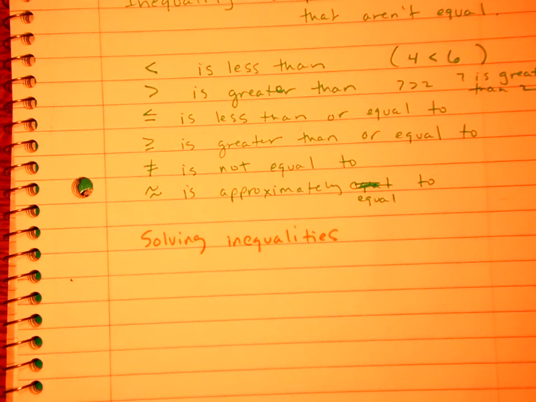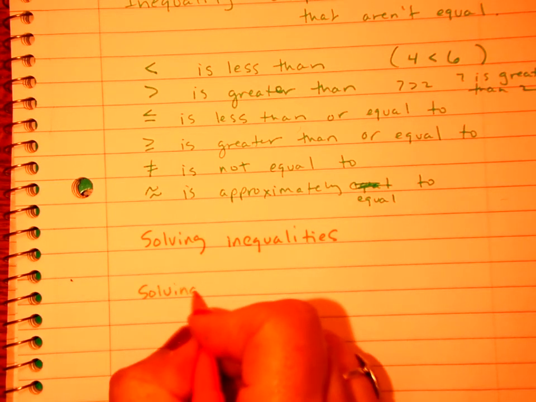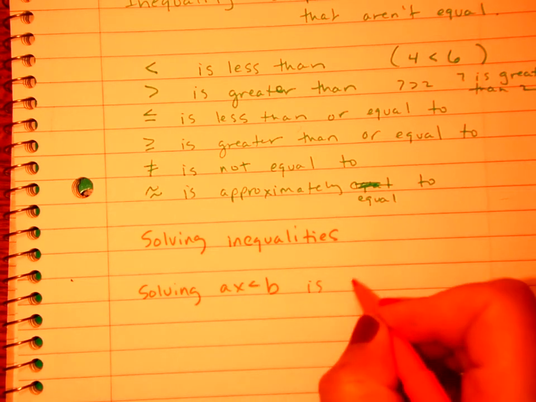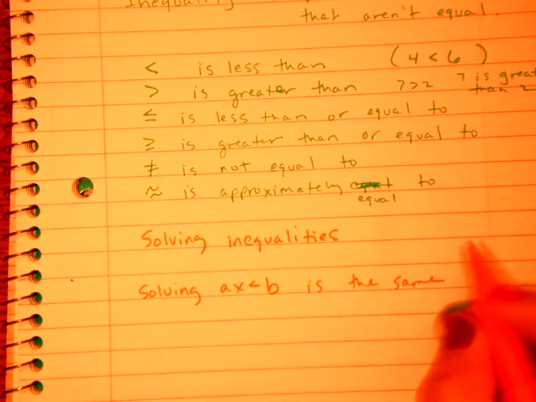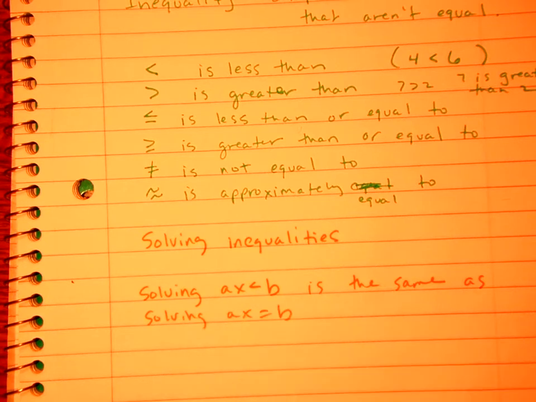Basically, solving an inequality like ax is less than b is the same as solving ax equals b, except one big thing.